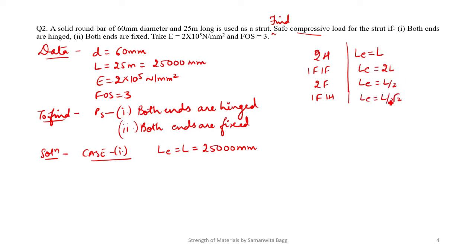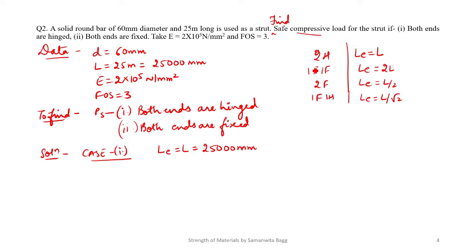Now for remembering this, I use a very simple technique. The first number that comes in mathematics is 1, so it is 1L. Then I get 2L. Then I have L by 2, where the 1 and 2 are flipped into a half. And then I use L by root 2. For the left hand side, for remembering the order, it is 2H, then 1F, 1F, then 2F, and then 1F, 1H.